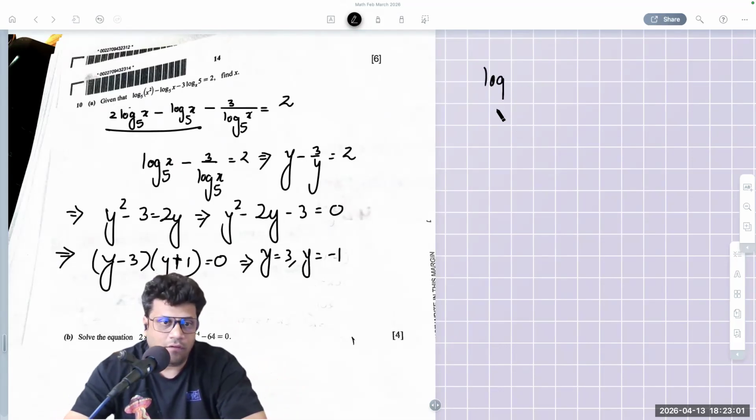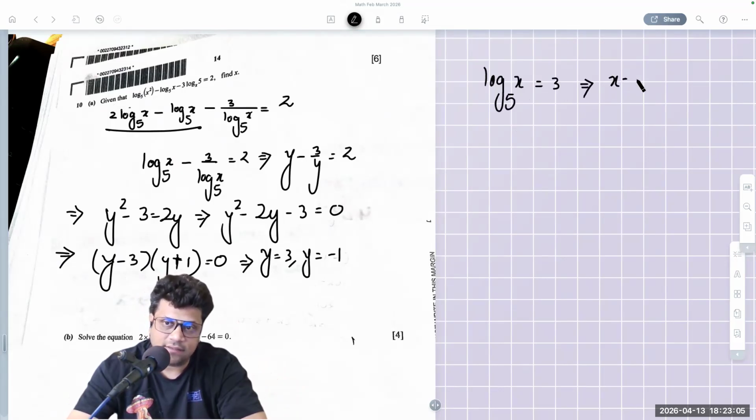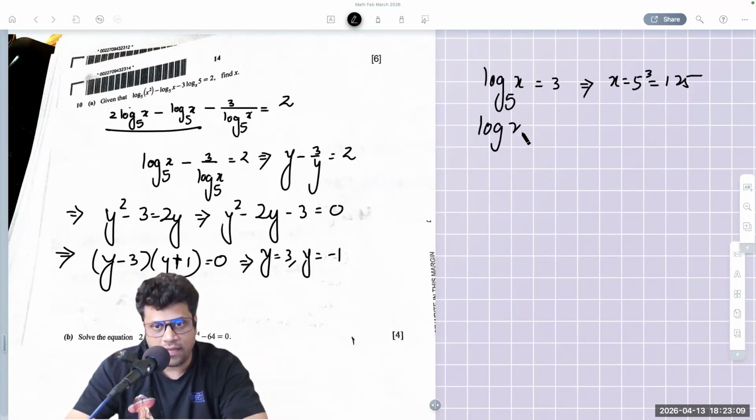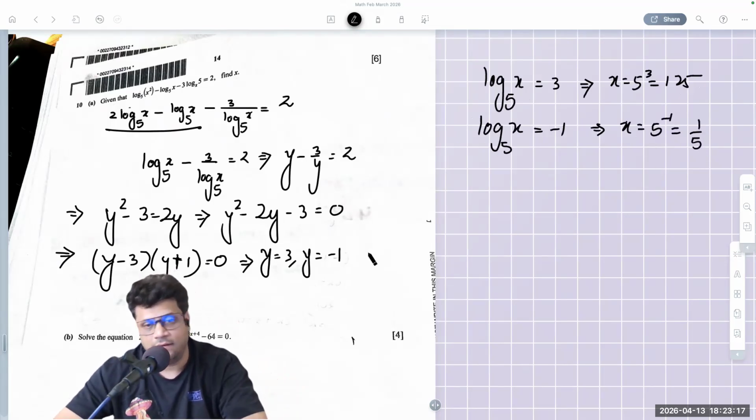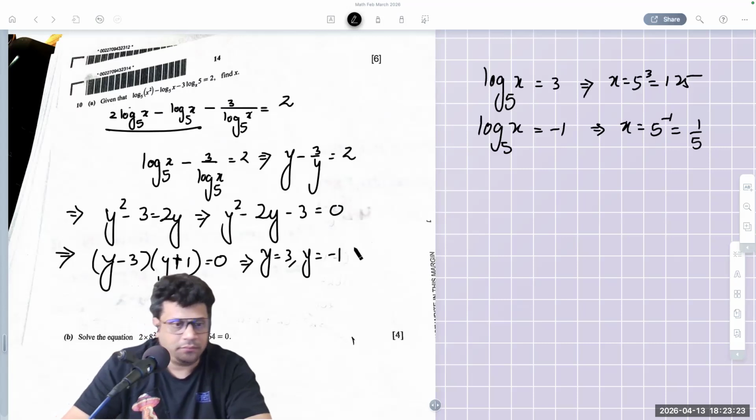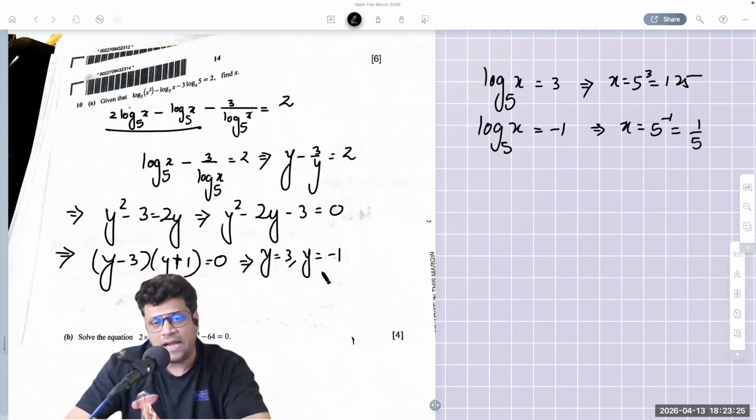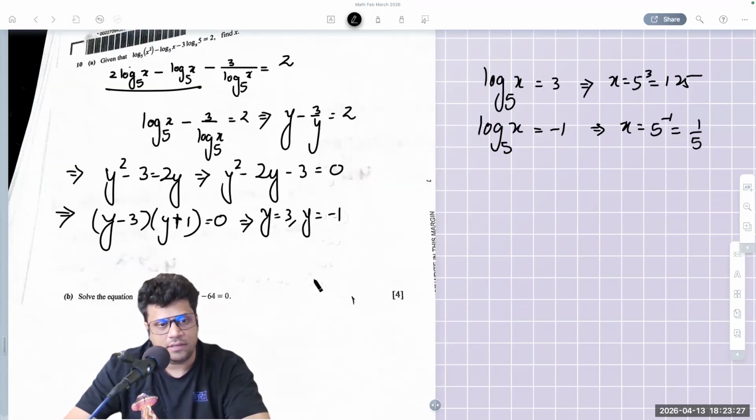So log of x to the base of 5 is 3, which means x is 5 cube, which is 125. And log of x to the base of 5 is minus 1, which means x is 5 to the power of minus 1. It's 1 by 5. I wonder why it's a 6 marker though. Okay. So that was it with this one, 10 part A.